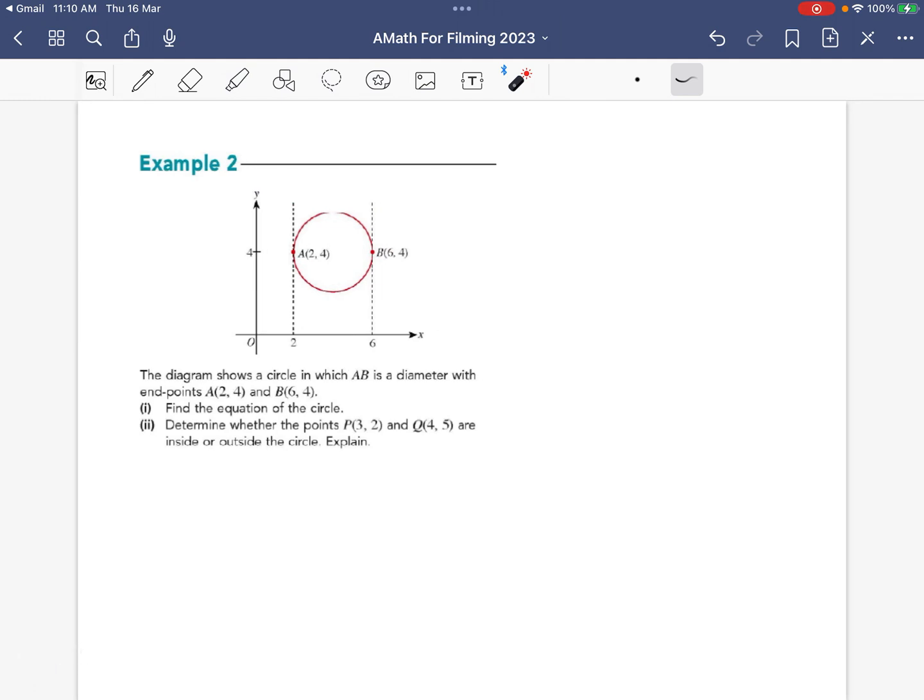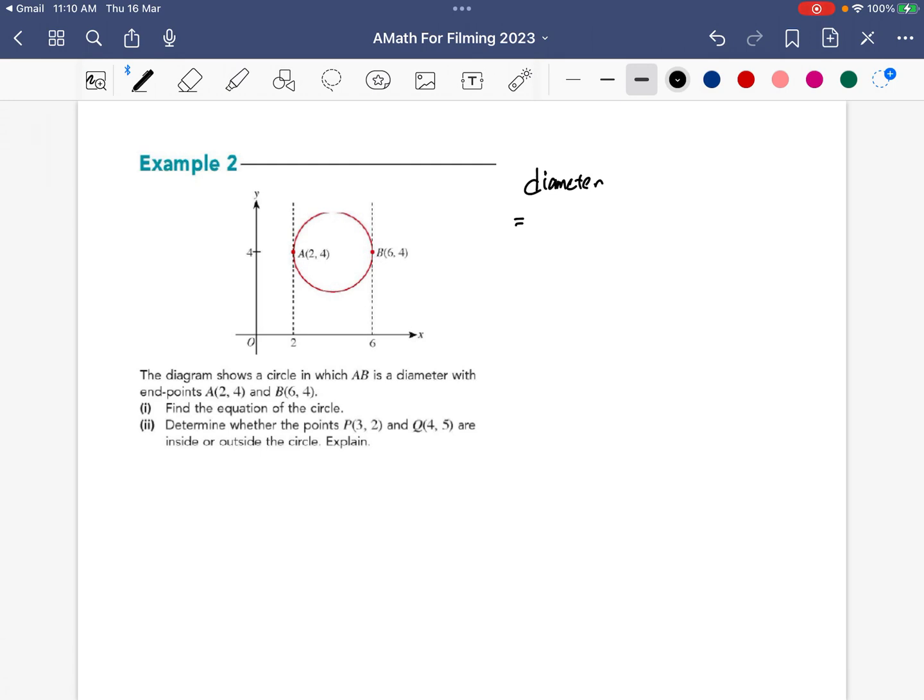In example 2, the diagram shows a circle in which AB is a diameter with endpoints (2, 4) and (6, 4). What is special about the diameter is that if you find the length of a diameter and divide that by 2, you get the radius of the circle itself. So first and foremost, we can find the diameter first. The diameter, in this case, is given by the 2 points there, (2, 4) and (6, 4).